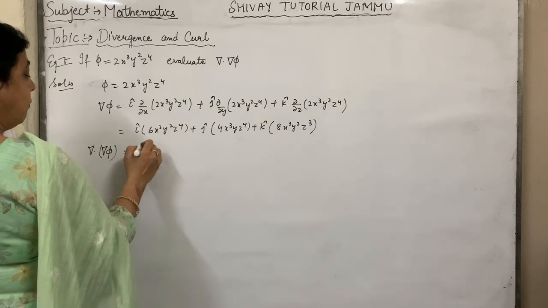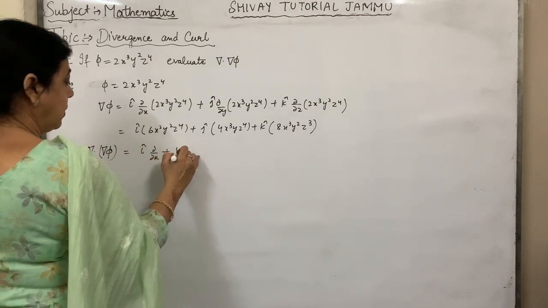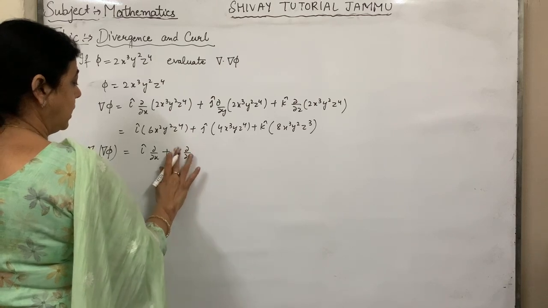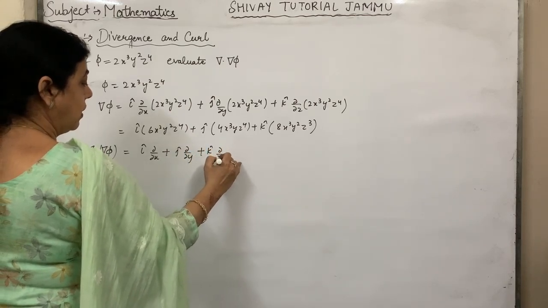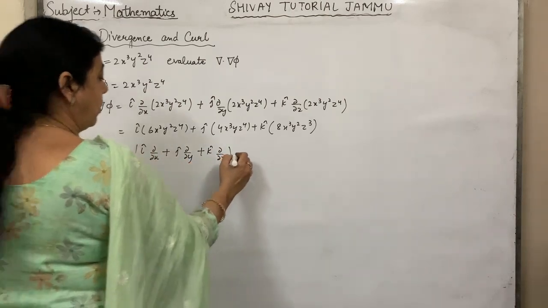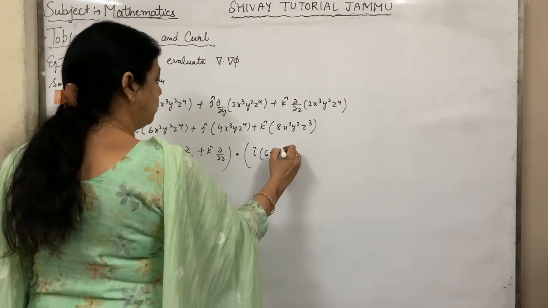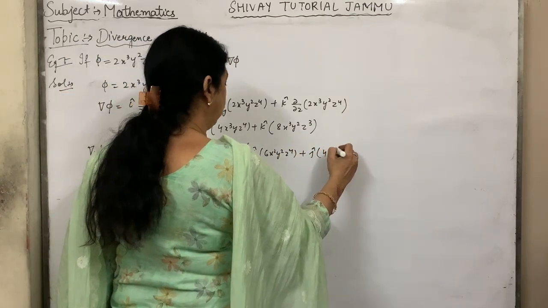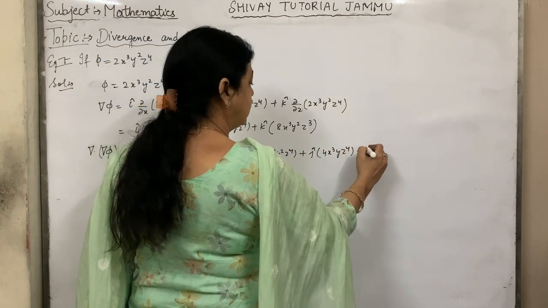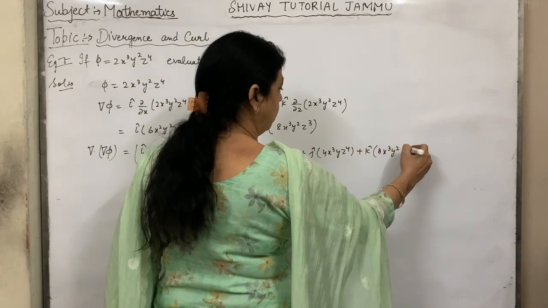This means we have to do i ∂/∂x plus j ∂/∂y plus k ∂/∂z dot i with 6x square y square z4 plus j with 4x cube y z4 plus k with 8x cube y square z cube.